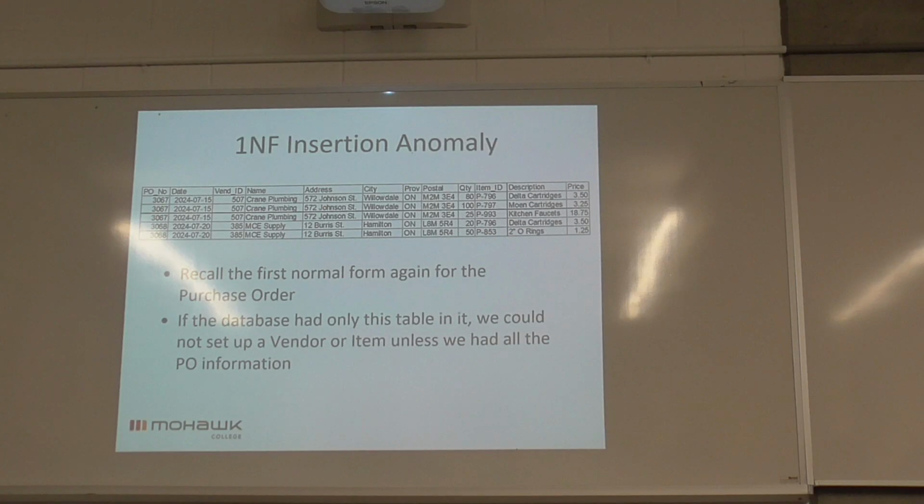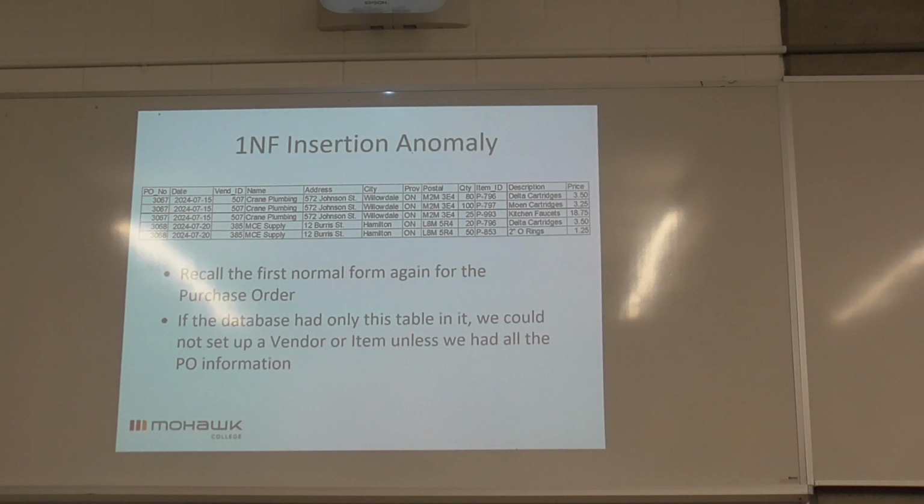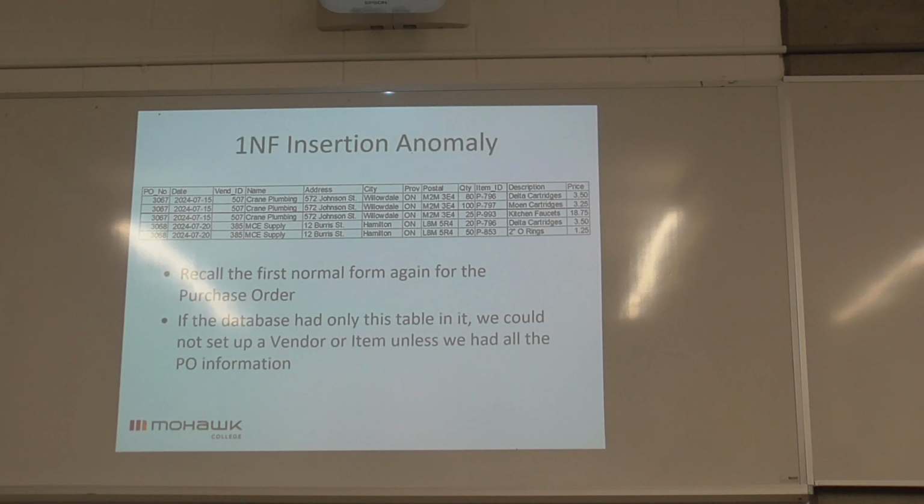So, for insertion anomaly, recall the first normal form again for this purchase order. If the database had only this table in it, we could not set up a vendor or item unless we had a product order information. So this is what we mean by insertion anomaly.